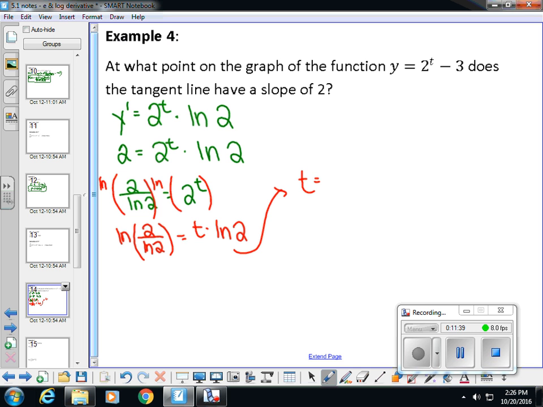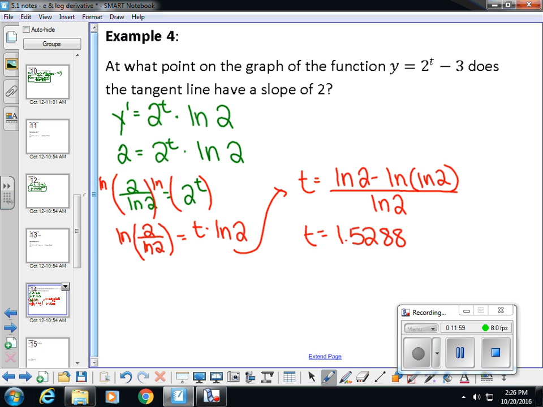So that would be the ln of 2 minus the ln of 2 all over the ln of 2. At this point, I would probably just use a calculator, plug that in, and that turns out to be 1.5288. And then, careful, the directions say at which point. So I want to find the y value. So I take that and I plug that into the original. And I got that.